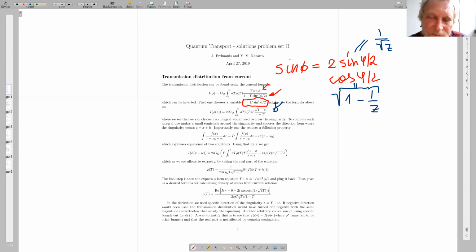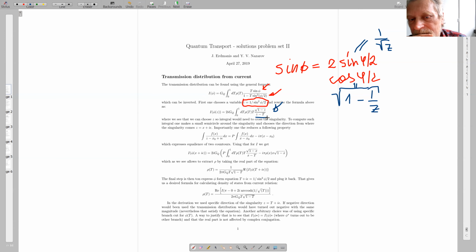Good. Then in the variable z, we have a nice pole. We have a nice pole, right?